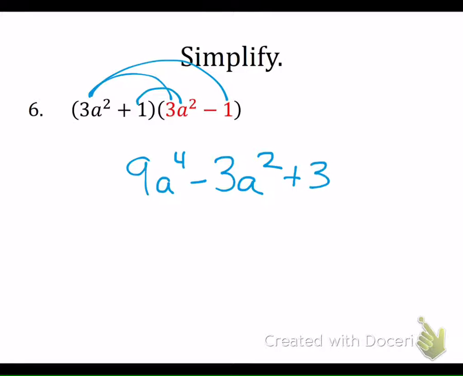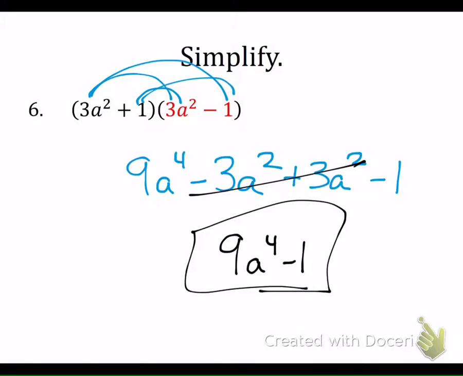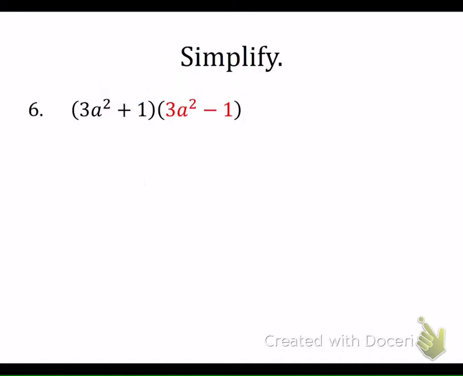Plus 3a squared. Minus 1. So 9a to the 4, those are gone, minus 1. Perfect. Questions? All right.